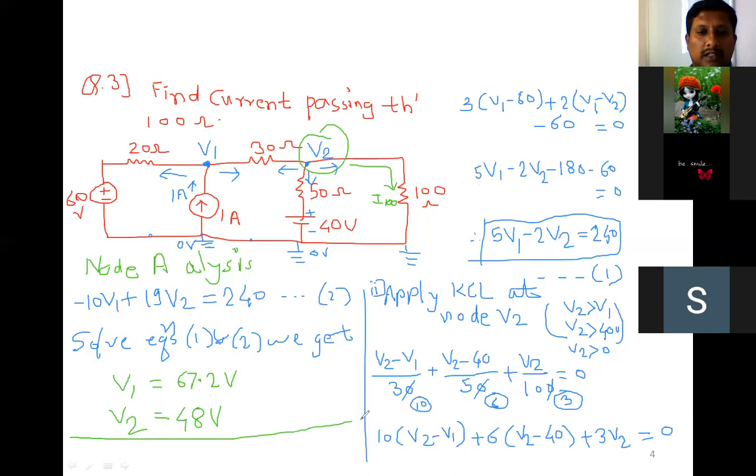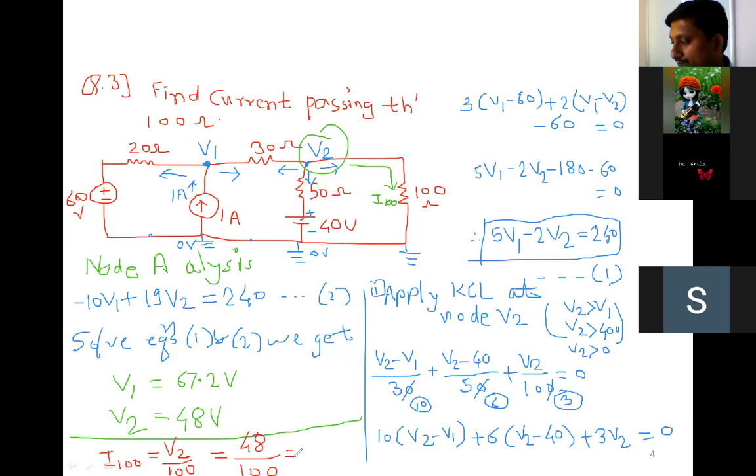So the current passing through it, that is I100. Anyone can tell what is the formula now? V2 minus 0 divided by 100, that is V2 divided by 100. V2 is 48 divided by 100.